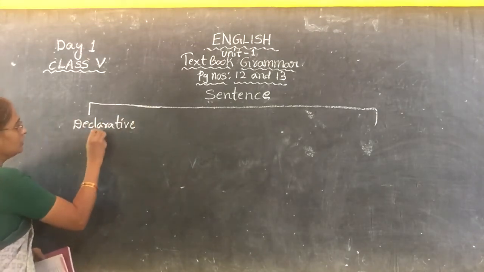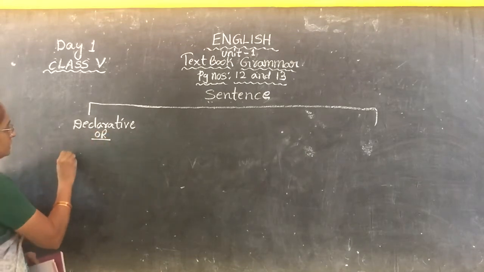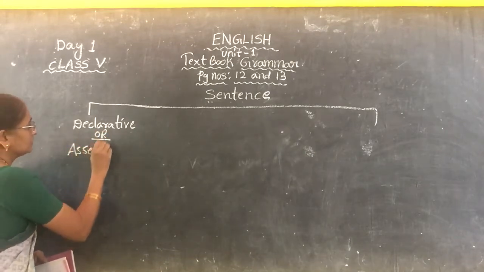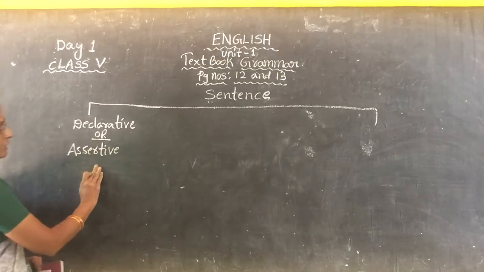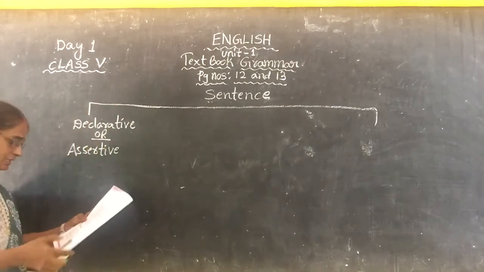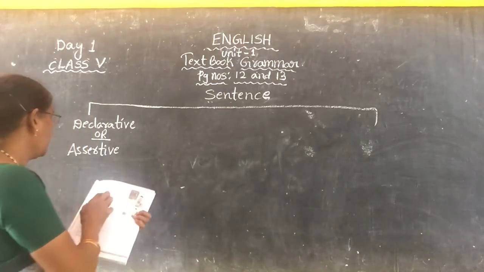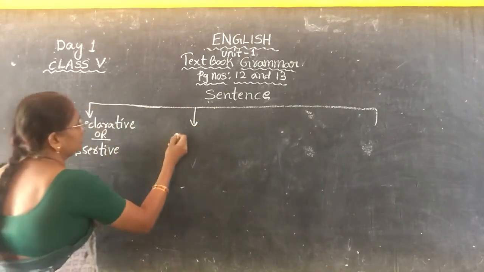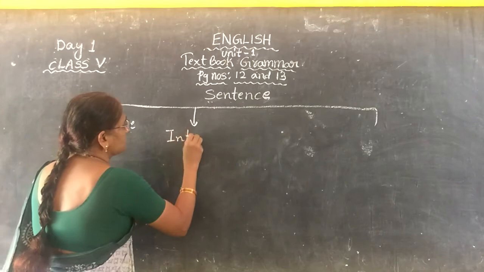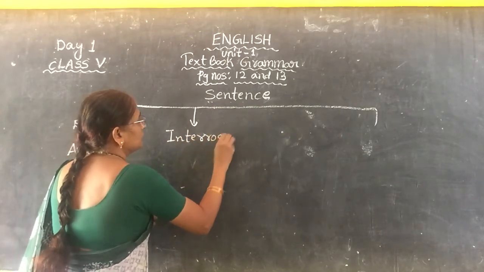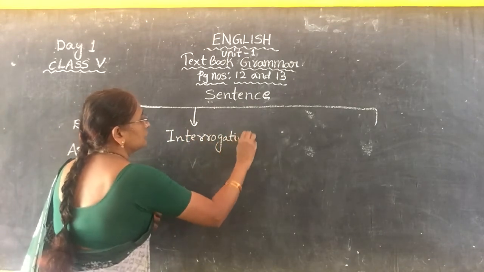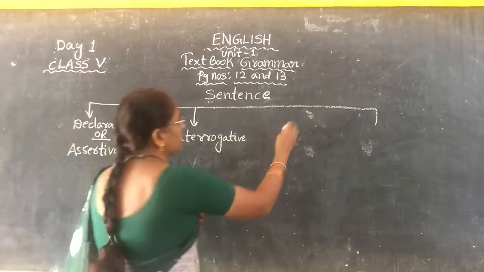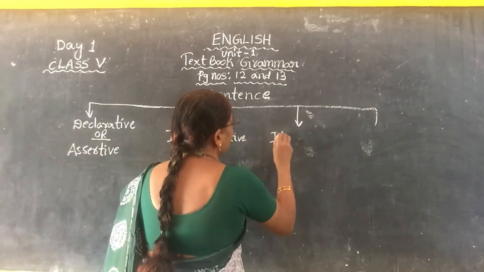Declarative or assertive sentence. The second one is interrogative sentence. Okay, and the third one is imperative sentence.